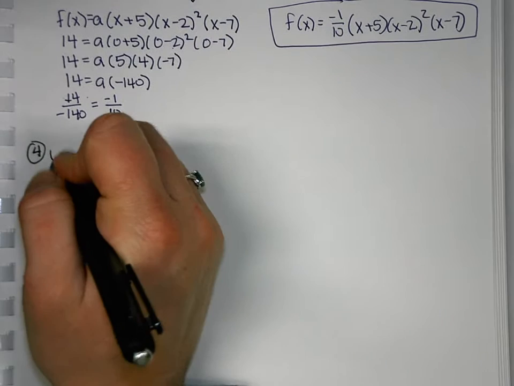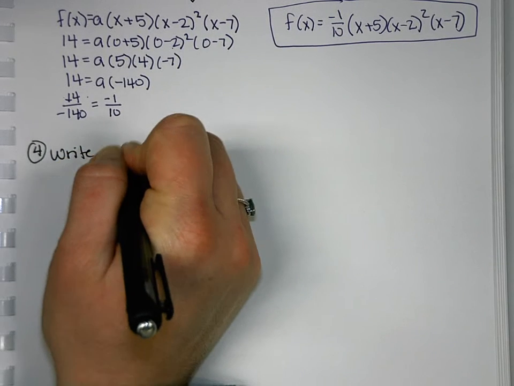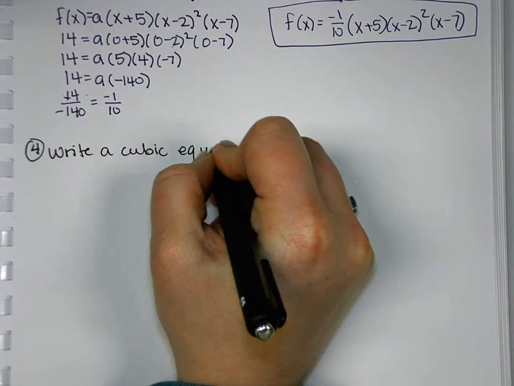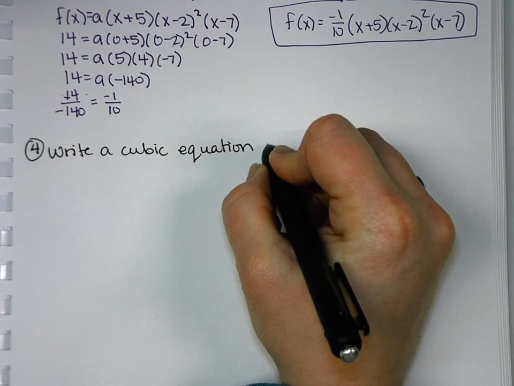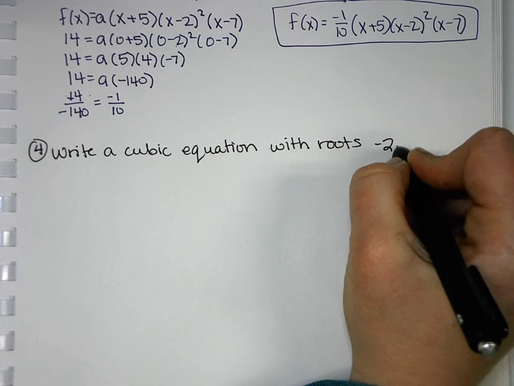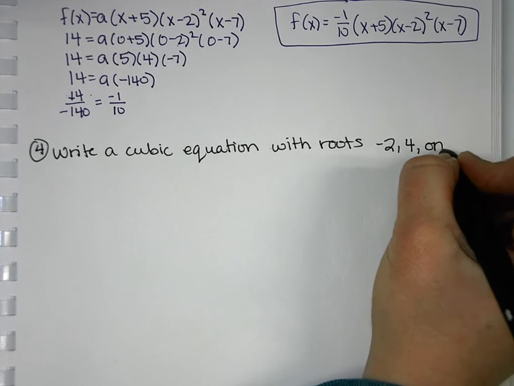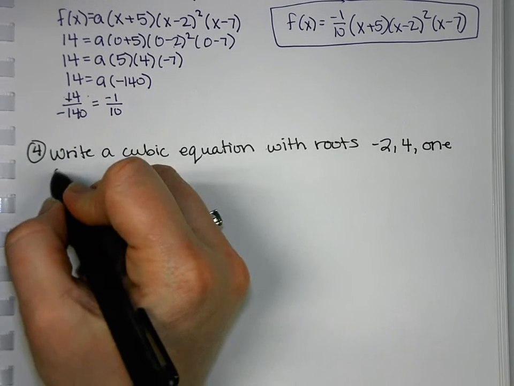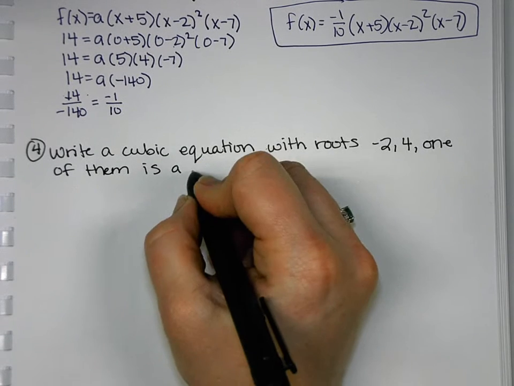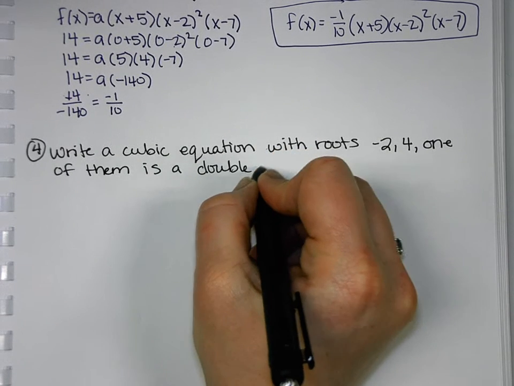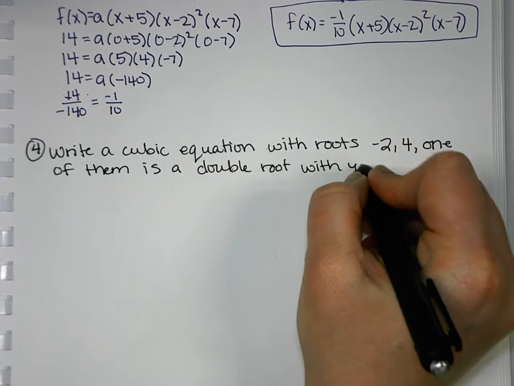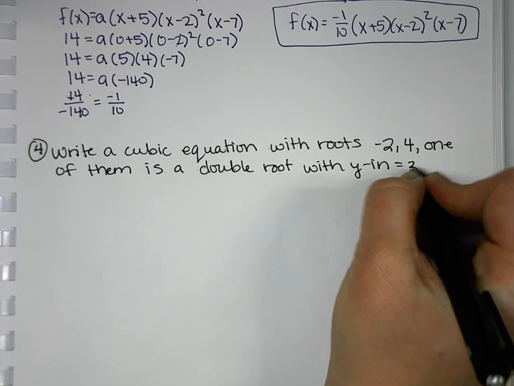We're going to write a cubic equation with roots -2 and 4, one of them is a double root, with the y-intercept equaling 32.